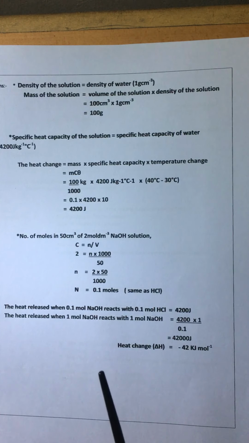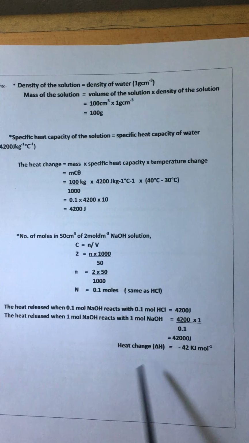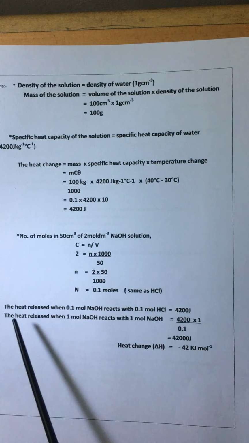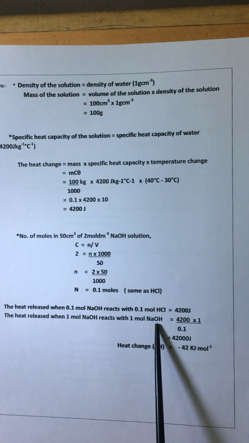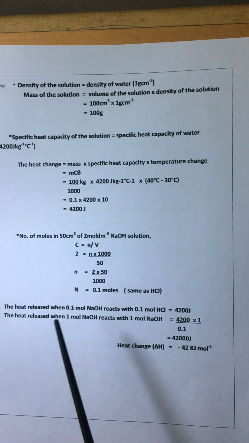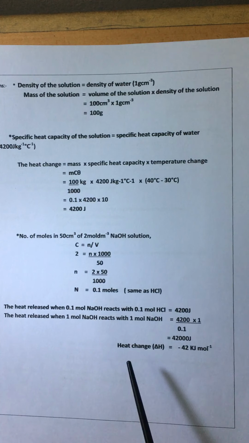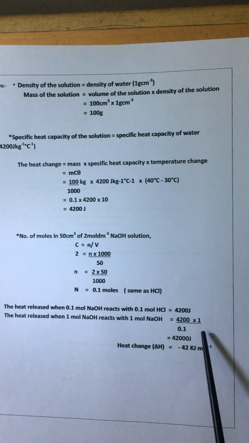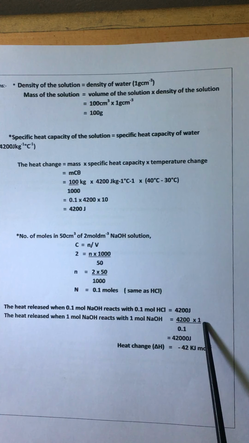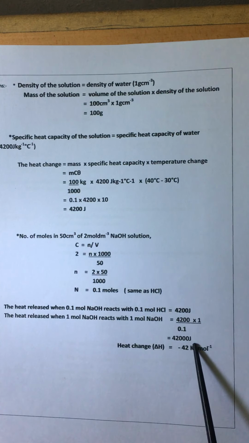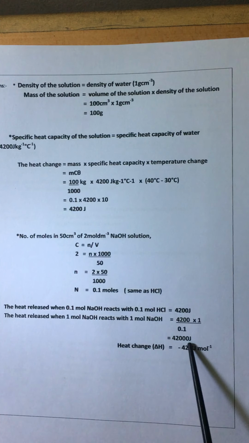But you have to calculate for 1 mole. Delta H, the heat change, you always have to calculate for 1 mole. So the heat released when 1 mole sodium hydroxide reacts with 1 mole HCl. For 0.1 mole, 4200 joules of heat was released. But for 1 mole, how much? 4200 for 0.1, therefore for 1, you are getting 42,000 joules. 42,000 joules is equal to 42 kilojoules.